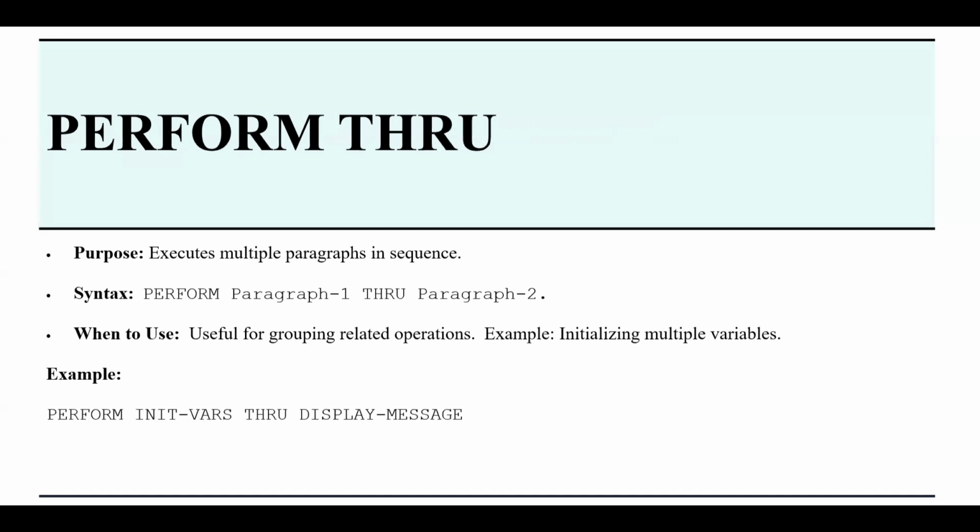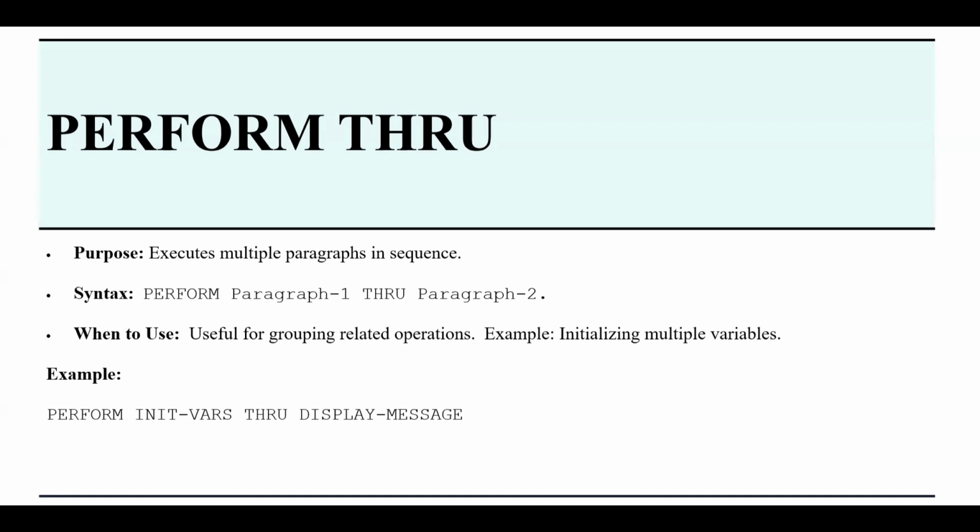If we talk about perform through, it allows you to execute multiple paragraphs sequentially. It is very useful when we are grouping related operations, when we have grouped something together and want to apply it. For example, you might initialize a variable in one paragraph and display a message in another paragraph, and you want to execute them continuously.